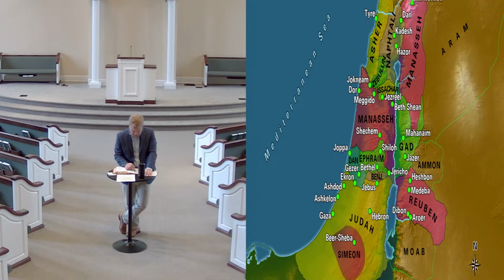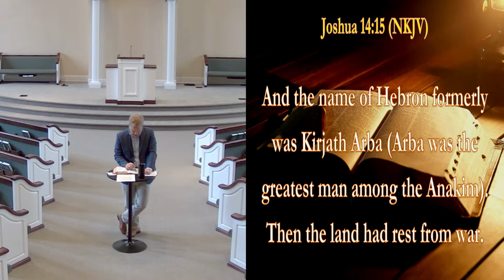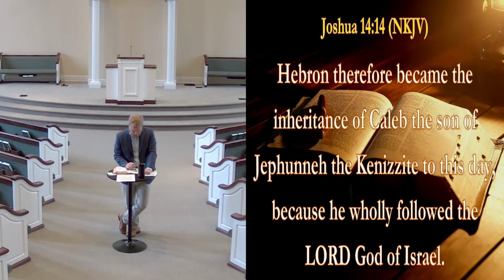Verse 13, and Joshua blessed him and gave Hebron to Caleb, the son of Jephunneh, as an inheritance. Hebron, therefore, became the inheritance of Caleb, the son of Jephunneh, the Kenizzite, to this day, because he wholly followed the Lord God of Israel. And the name of Hebron formerly was Kirjath Arba. And this is interesting.